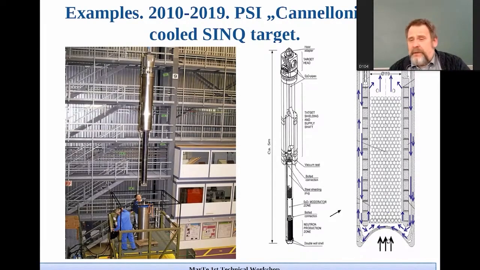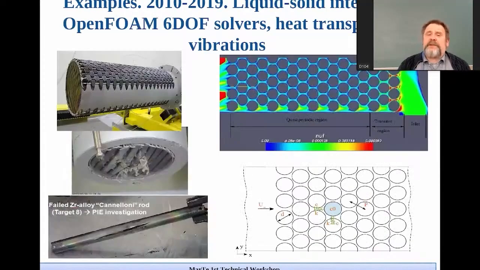Neutrons come out circularly outside, into some channels, and then they are taken from those channels. Specimens are put close to that target, and that target is very safe, but not 100%.